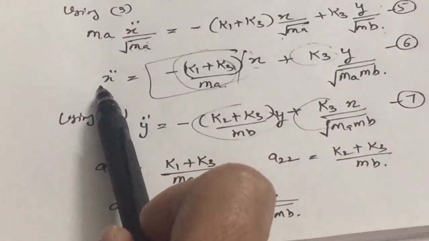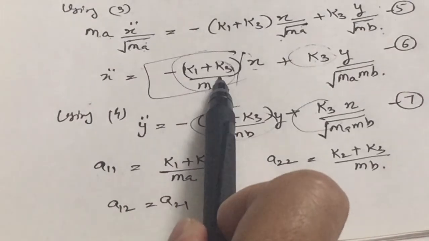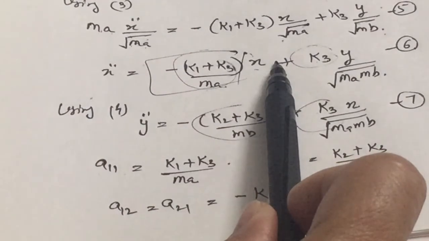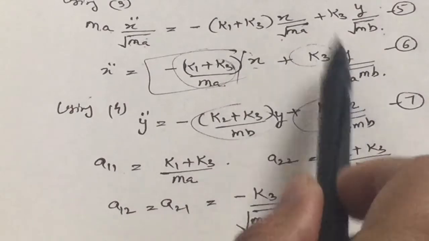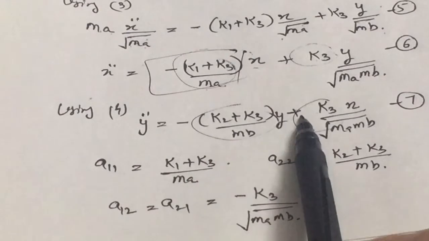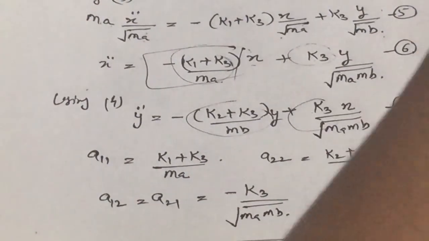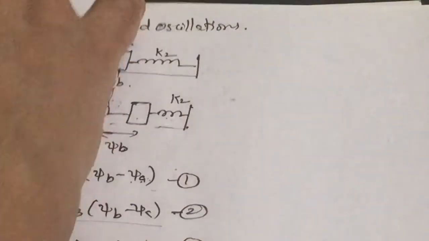Then this equation will become x double dot is equal to minus a11x minus a12y. Similarly, here we get minus a22y minus a21x. So we are just reassembling our equation by putting these constants as a11 or some matrix elements here.